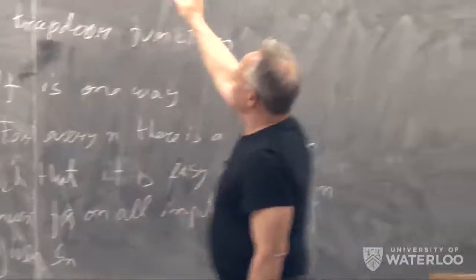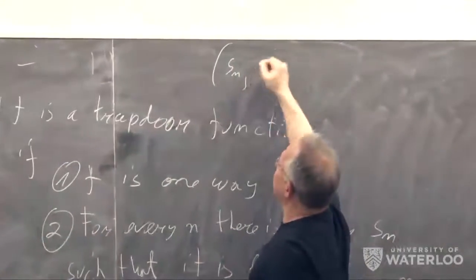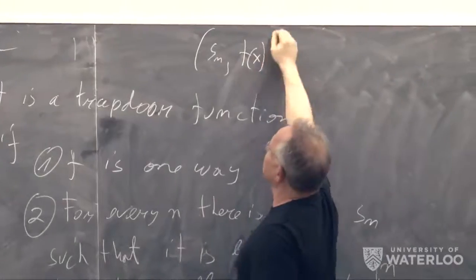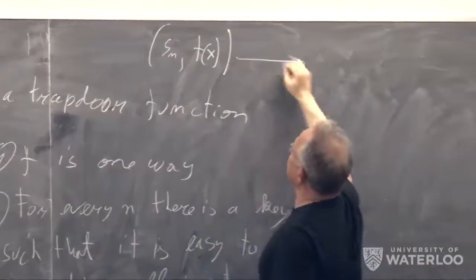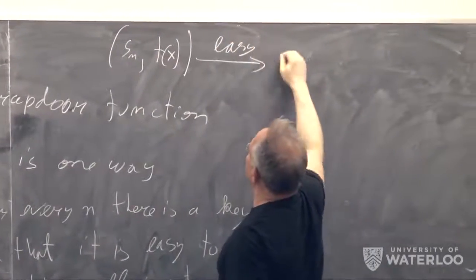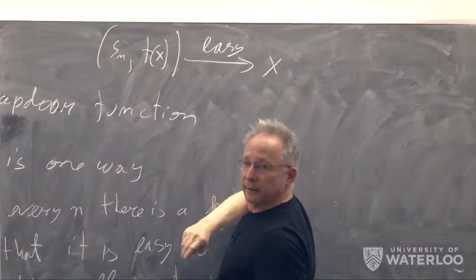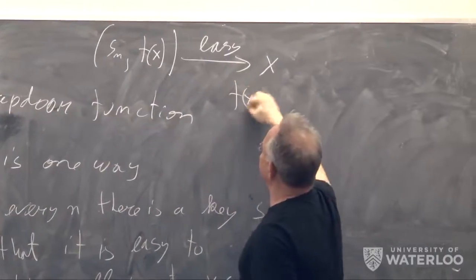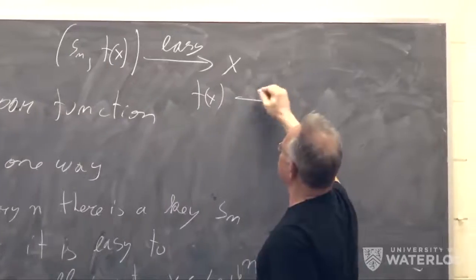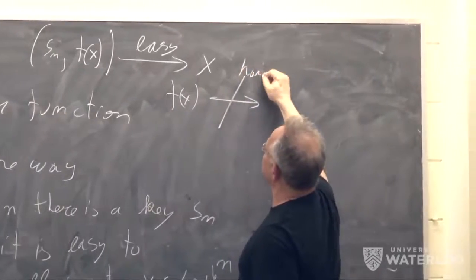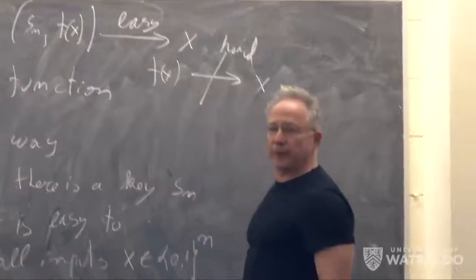So if I give you as input s of n and f of x, then you can easily, in polynomial time, output x. But if you just give an f of x and you want to find x, then it's hard. So these are trapdoor functions.